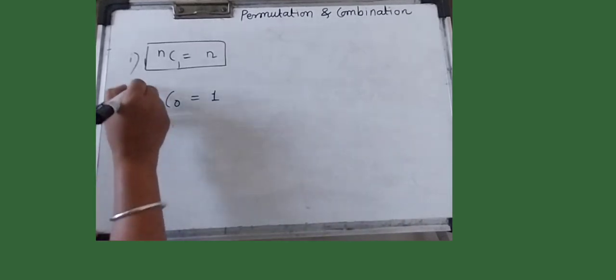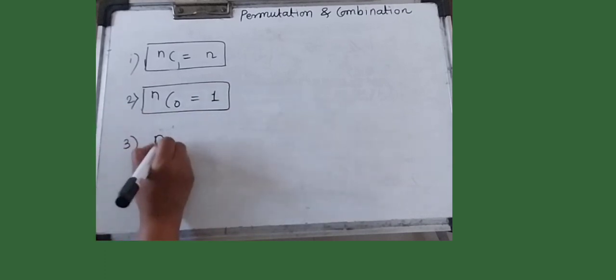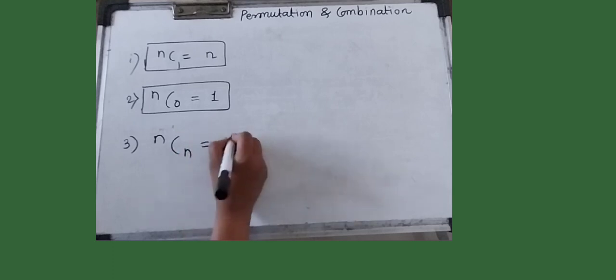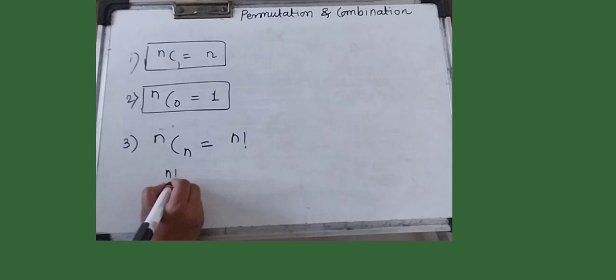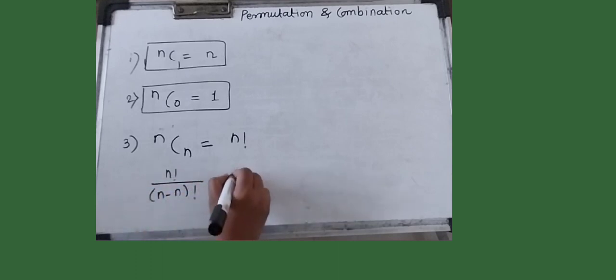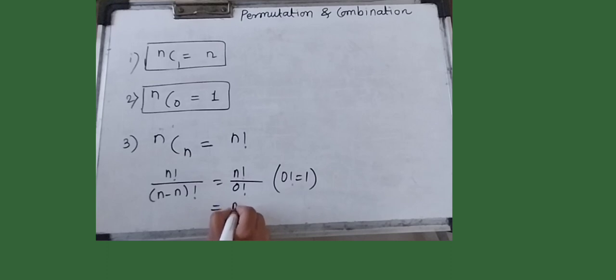This is second. Third is what? nCn equal to 1... as derived here, apply the formula: n factorial upon n minus n bracket factorial, n factorial upon 0 factorial. As we know, 0 factorial is 1, so answer is n factorial upon 1, it is n factorial.